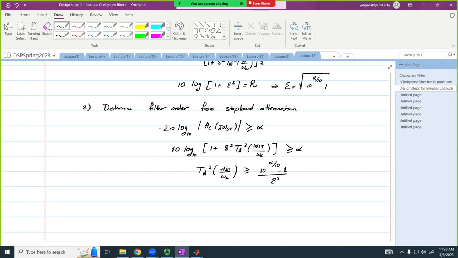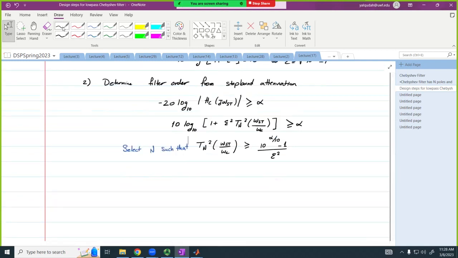Agree? So therefore, we're going to select n such that this condition is satisfied. Such that T_n squared of omega stop is greater than or equal to 10 to the power of alpha over 10 minus 1, over epsilon squared.